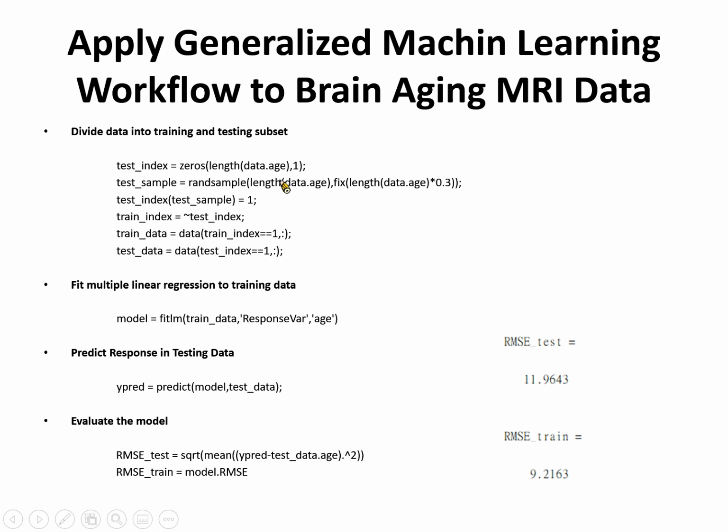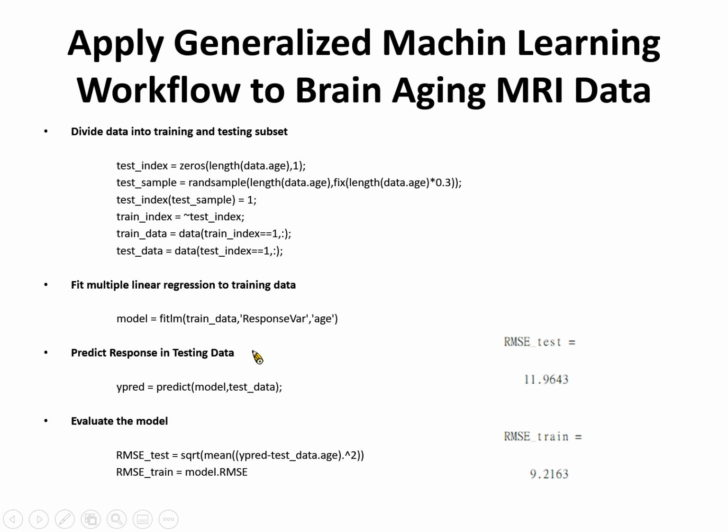We use data.age as the input to measure the length of the data. Then we will use the random sample function to divide the data into the training and testing at the ratio of 7:3. Then we will finally obtain the training data and the test data.